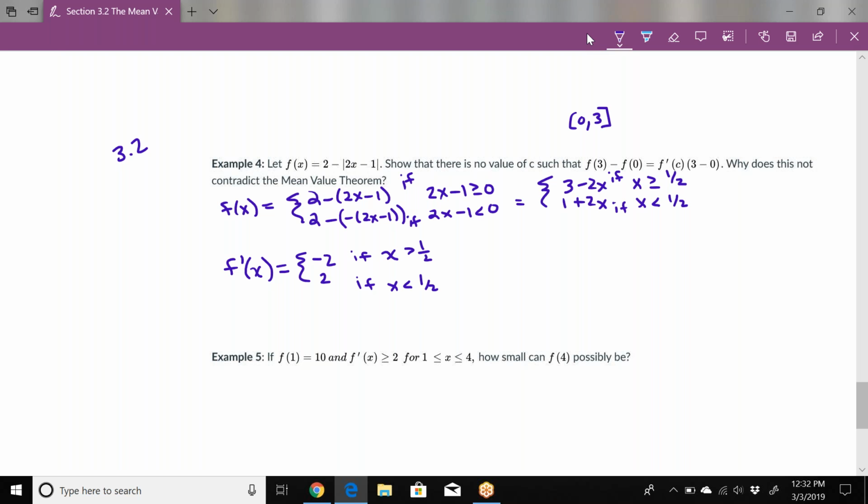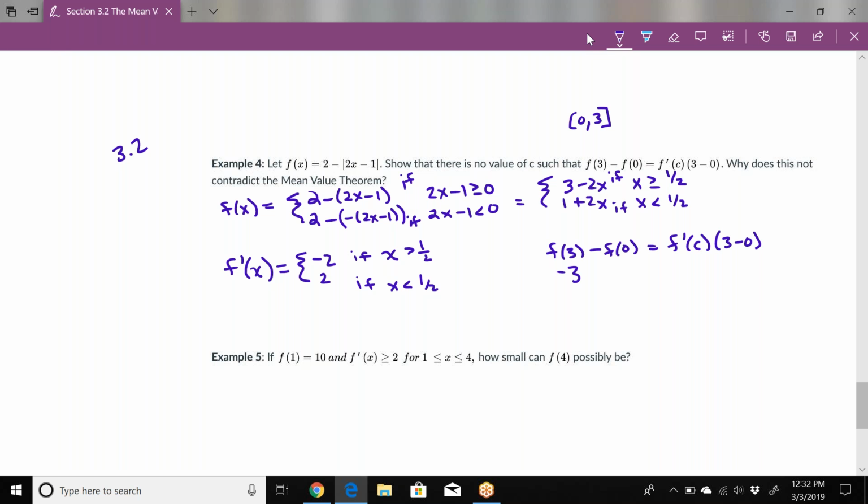Now, if you do f of 3 minus f of 0 equals f prime of c times 3 minus 0, and we try to solve for f prime of c, notice that 3 is bigger than a half. So if we plug 3 into the top equation, that's 3 minus 2 times 3, so 3 minus 6, that's -3.